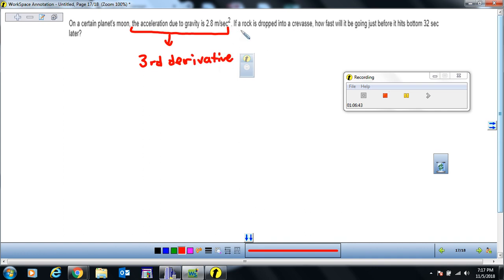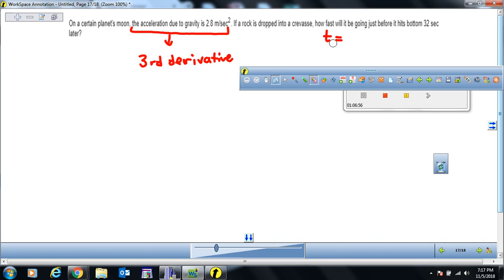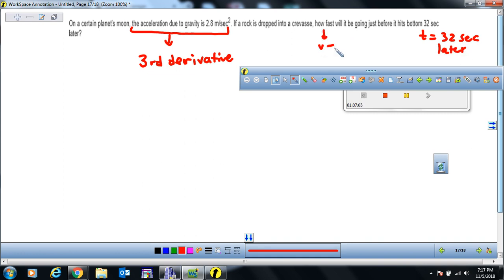And then it says, if a rock is dropped into a crevasse, how fast will it be going just before it hits bottom 32 seconds later? They're not asking for the time, they're giving me the time, 32 seconds later. They're asking me for velocity.